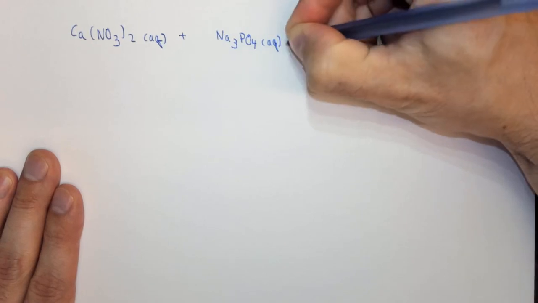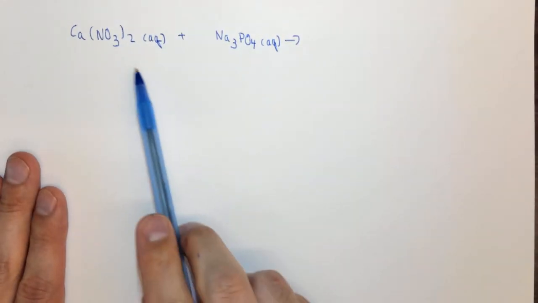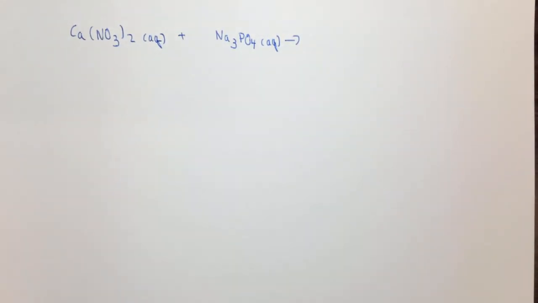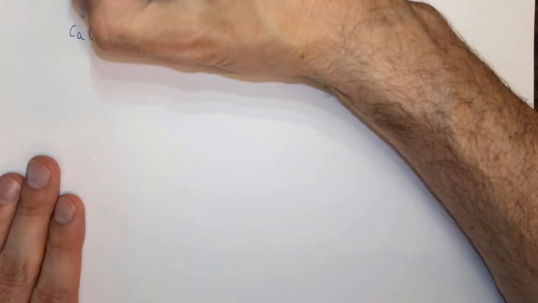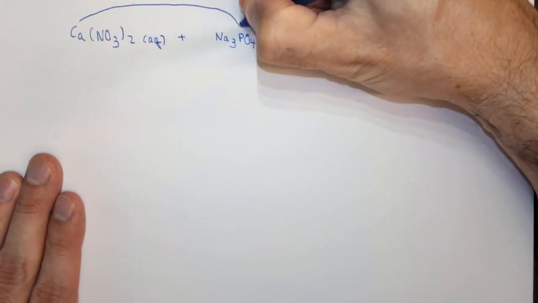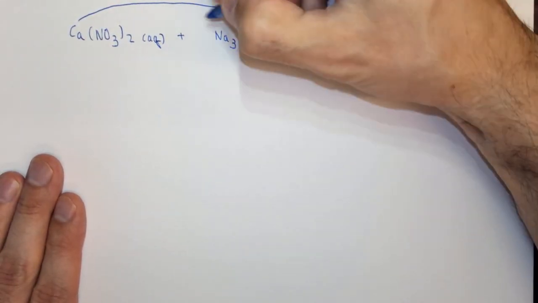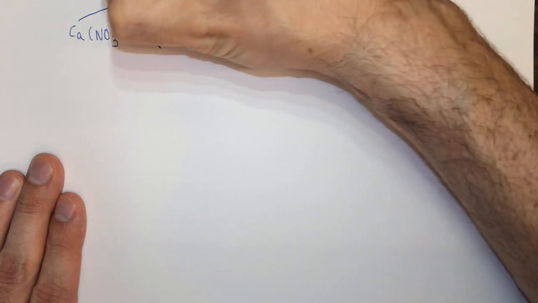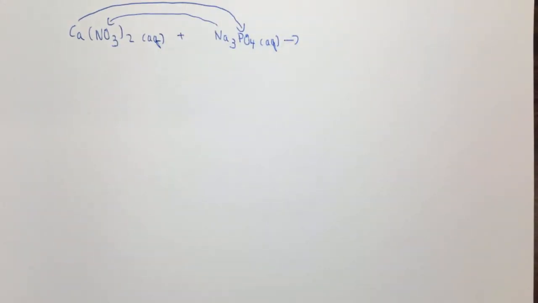Again, sodium salts are always soluble. So here we have two things. Calcium in a double displacement reaction is going to interact with phosphate potentially, and sodium is going to interact with nitrate potentially. We need to see if something that's not soluble forms.